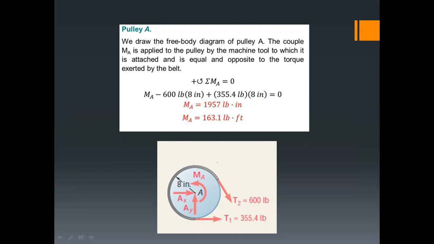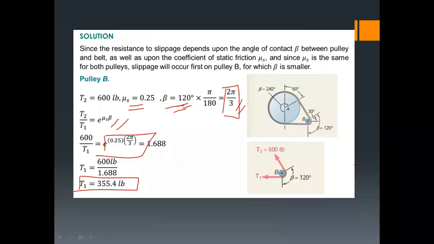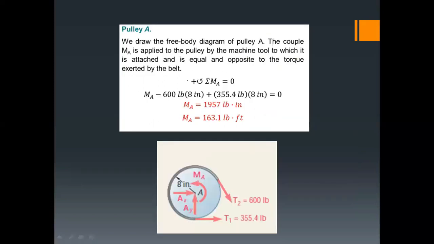So, summation of forces natin sa point A. Nung makita natin dito, dito tayo magmo-moment, summation of our moment. And then, simply makuha na natin is MA minus 600 pounds, 8 inch, which is your radius, from your tension 2 and 1.